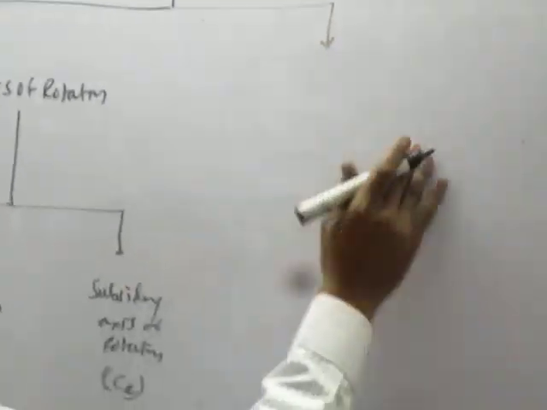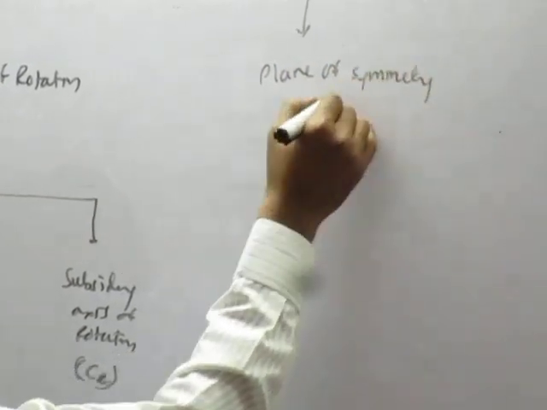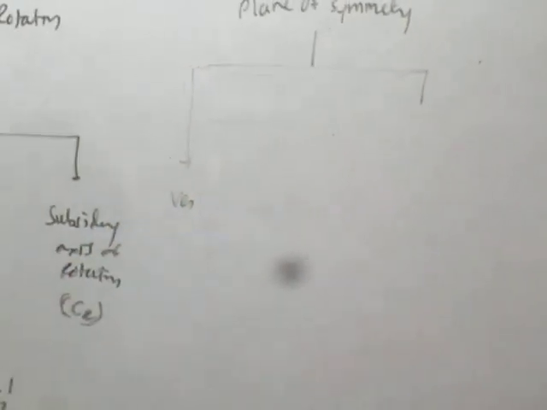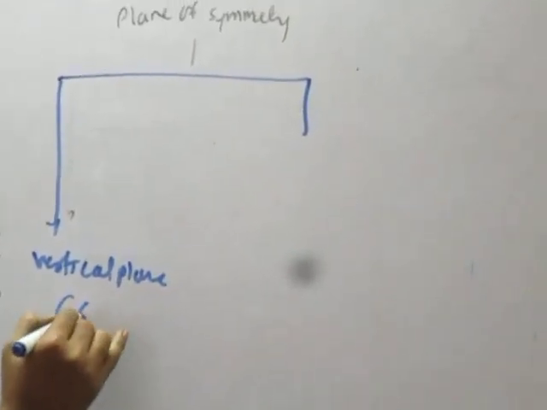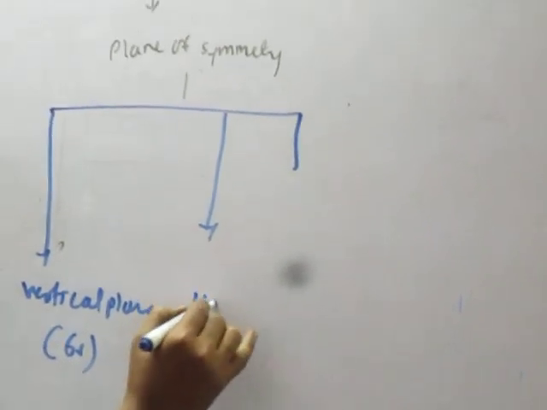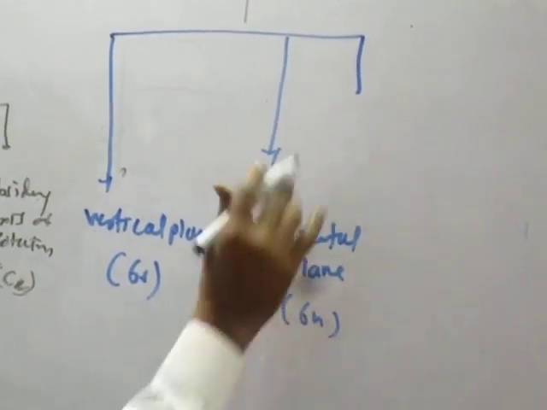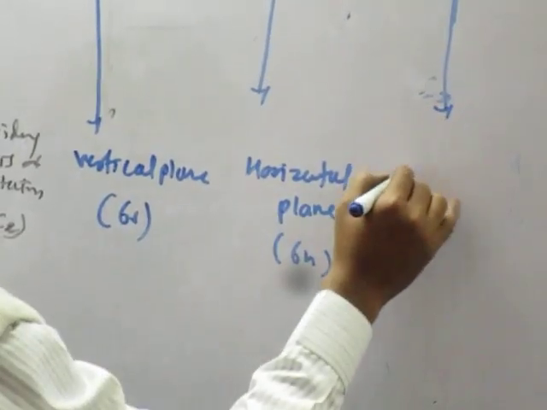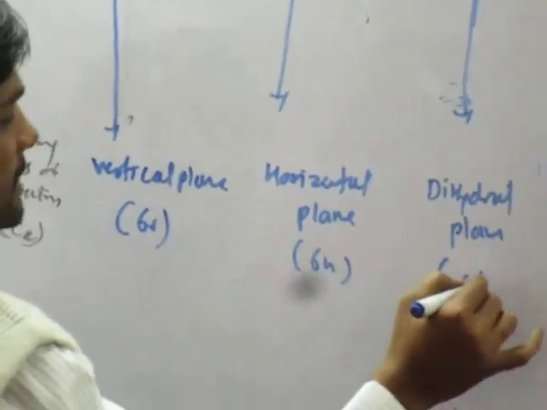Then the third one, plane of symmetry. There are three types of plane: the vertical plane, denoted by sigma v, the horizontal plane, denoted by sigma h, and the dihedral plane, denoted by sigma d.